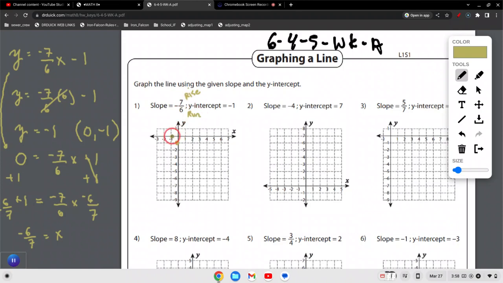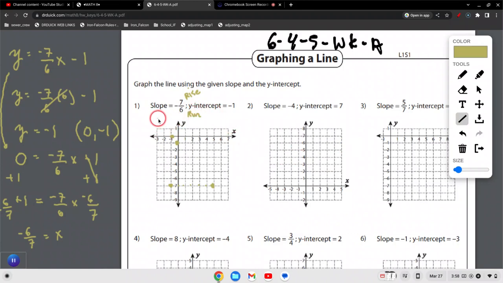Because it's negative, I'm not rising, I'm lowering, right? So it's 1, 2, 3, 4, 5, 6, 7 down, and I'm going to go 6 this way, 1, 2, 3, 4, 5, 6. And now you can clearly see the graph and where it would go.